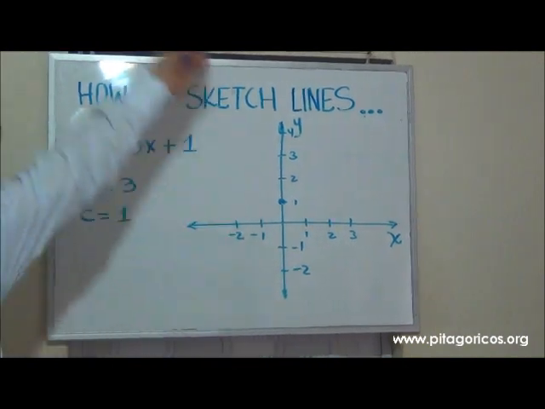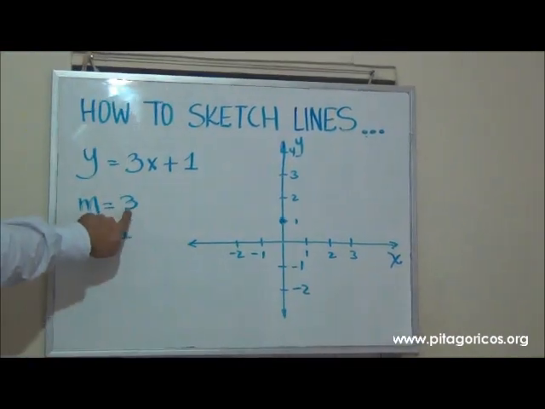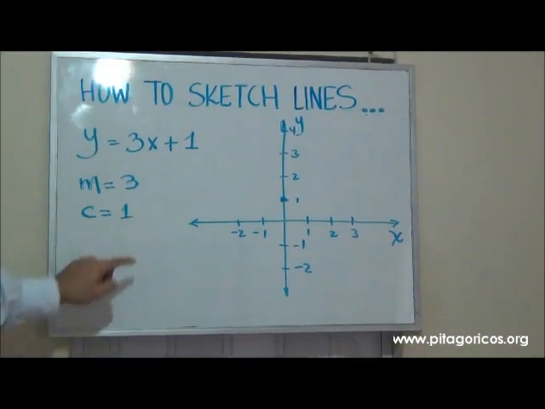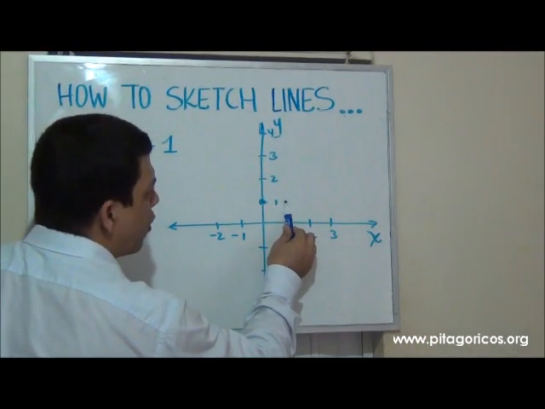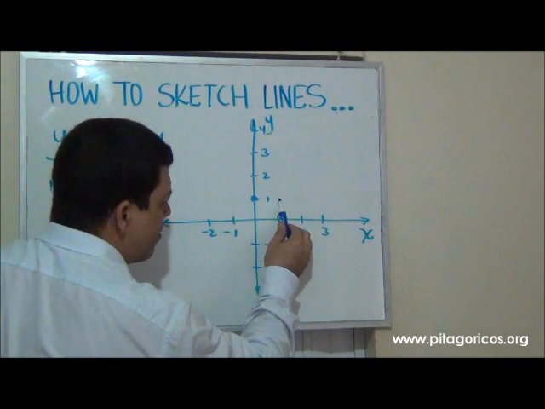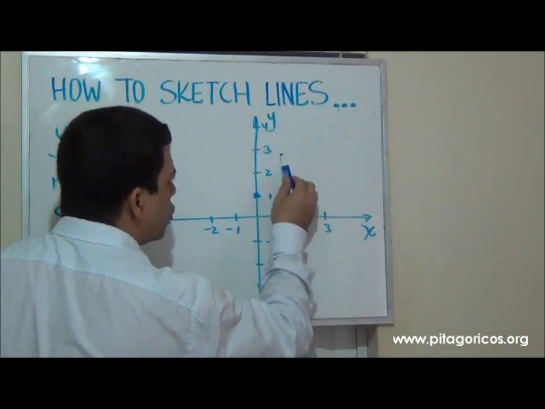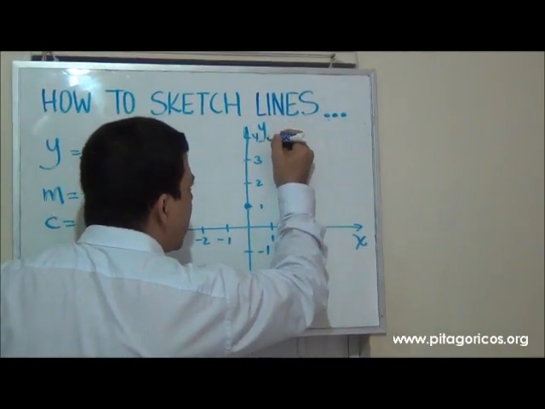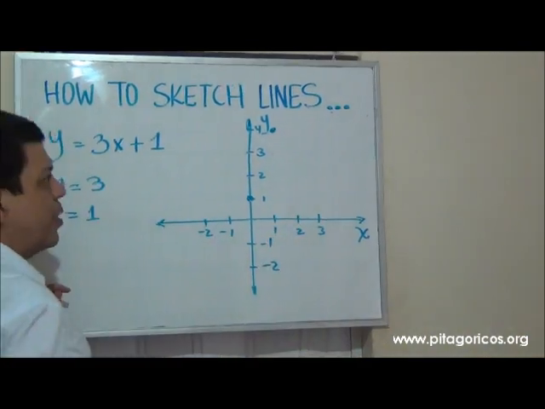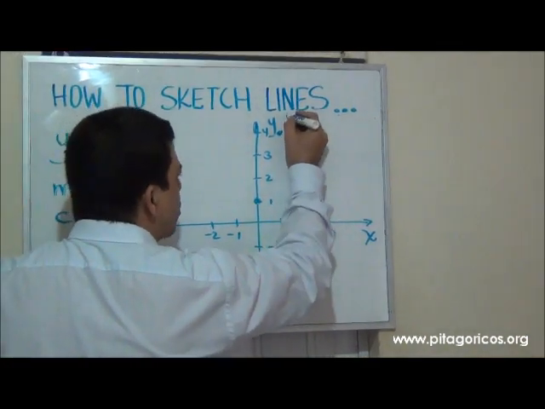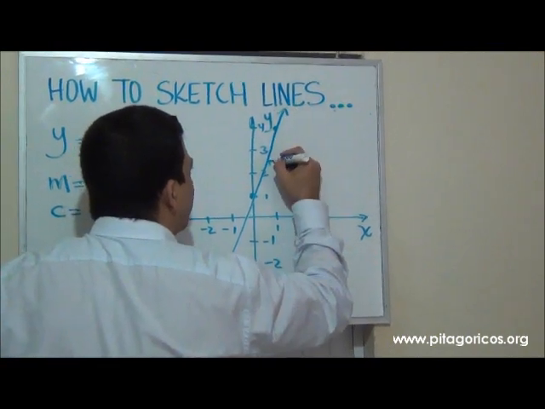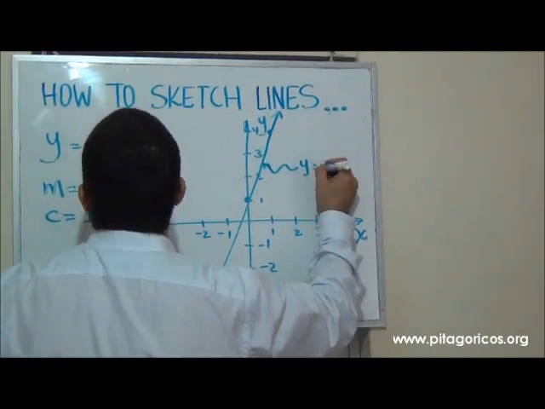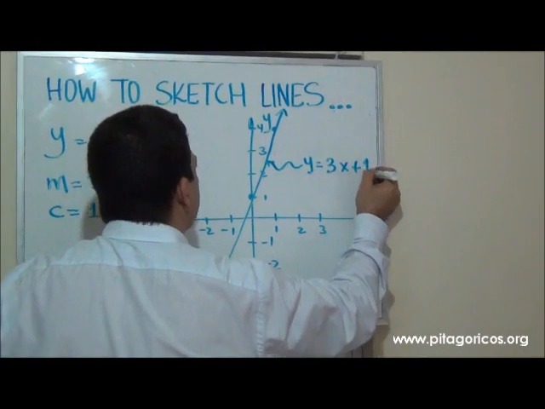The y is the vertical axis. And then the gradient is 3. That means that for every unit in the right direction, I'm going to have 3 units up. So it's 1, and then it's going to be 1, 2, 3. The other point is here. And then what do I do? I just join the points. Something like that. This is the sketch of my straight line y equals 3x plus 1.